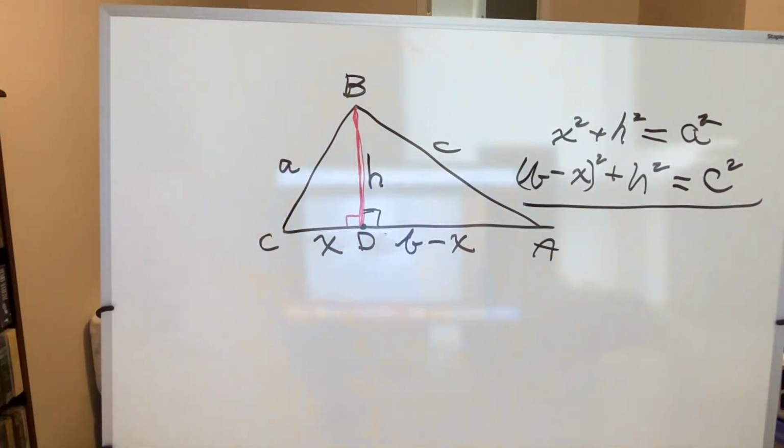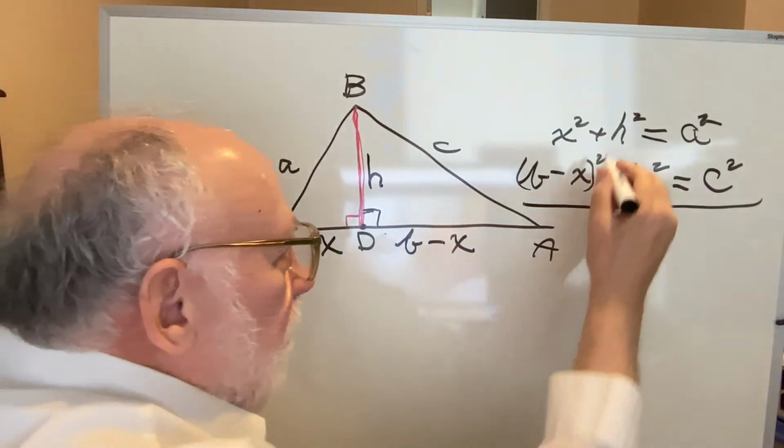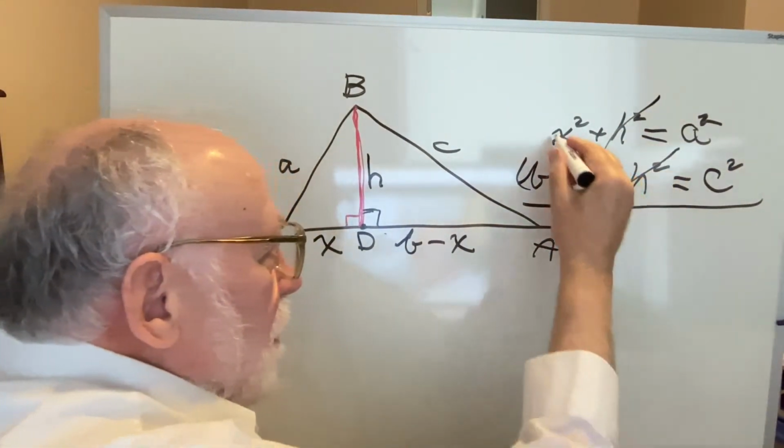Now we subtract these equals. Subtracted from equals, the differences are equal. So when we subtract, we have this.